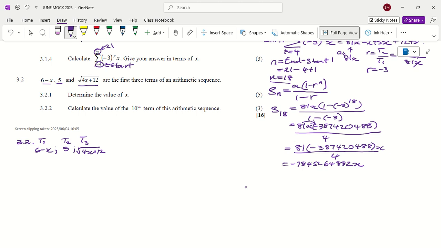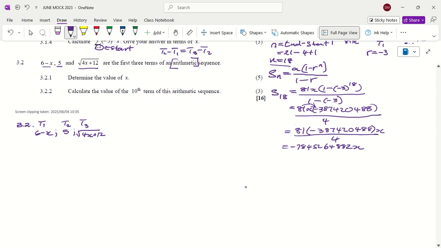Sharp. And then they say this is an arithmetic. Now, guys, when they tell you that this is an arithmetic, what are they saying to you? They are saying that T2 minus T1 is equal to T3 minus T2. Right? Sharp.